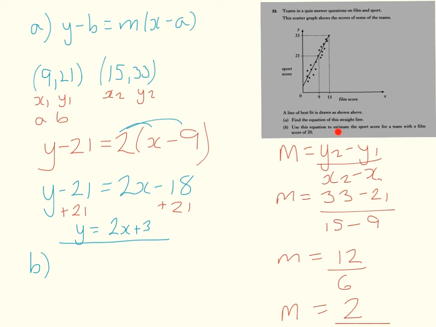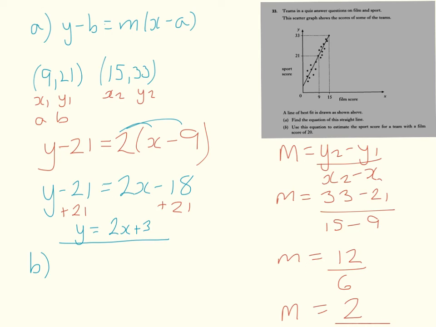So use this equation to estimate the sports score. So we want to estimate what Y is going to be. So we want to calculate what Y is. We want to estimate the sports score for a team with a film score of 20. Okay, so based on this graph, we would expect to get a score maybe of around 35, 36-ish.